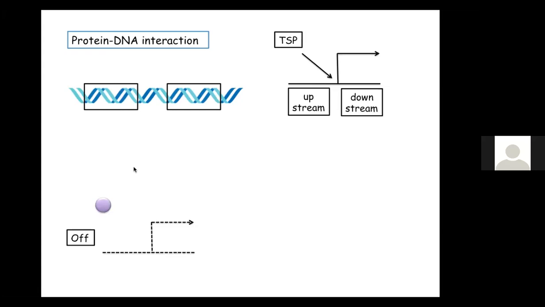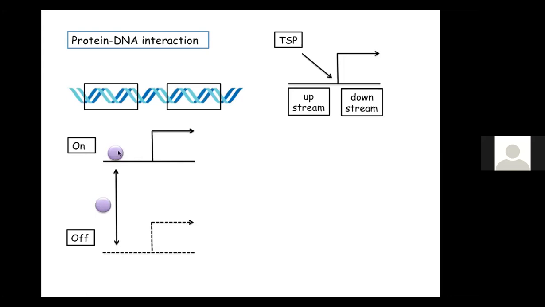This purple ball will try to attach itself to this upstream portion. It's a reversible process, and we have an on state. When it is bound to the upstream region, it will bring in RNA polymerase, which I have not shown for the sake of simplicity.